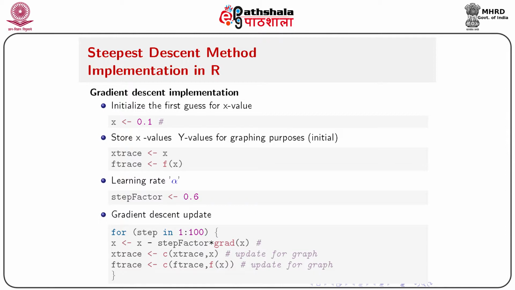Now we can do the gradient descent update using a for loop, for step 1 to 100. Then x equals x minus step factor into gradient, that is alpha into delta f x that was given.